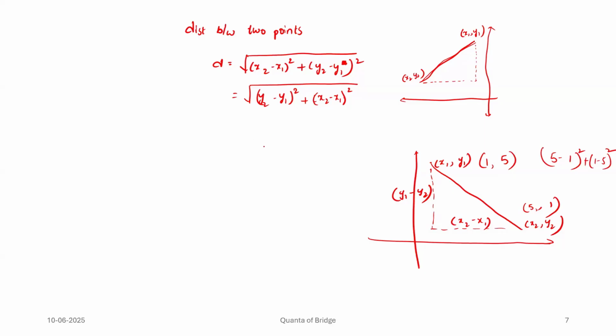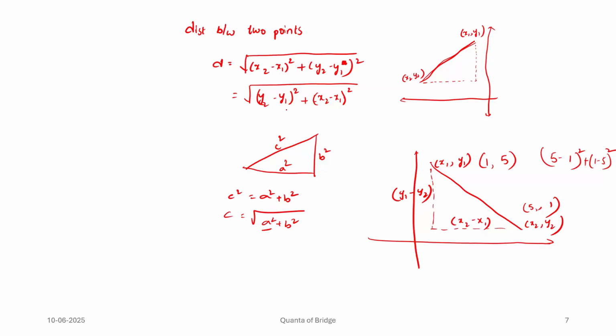So, in a right angle triangle, the square on the hypotenuse is the sum of the squares on the other two sides. You know this thing: C square is equal to A square plus B square. So C equals the square root of A square plus B square, where A is the difference in x coordinates and B is the difference in y coordinates.